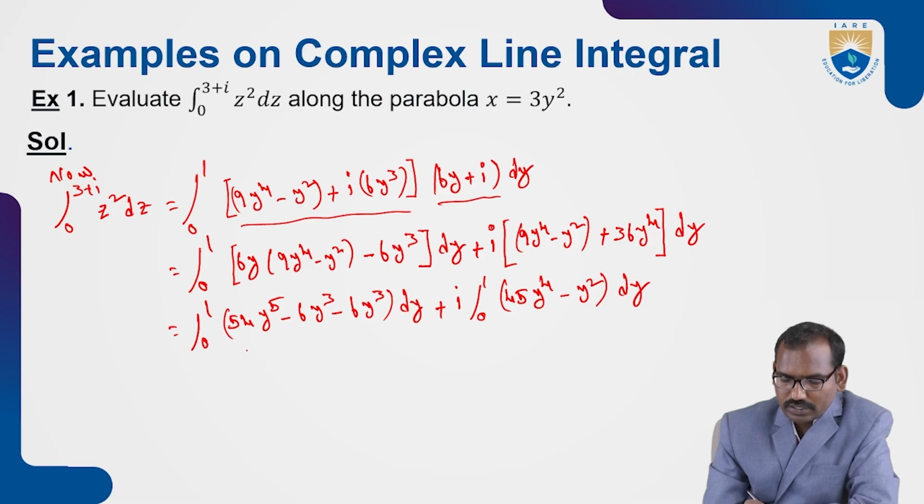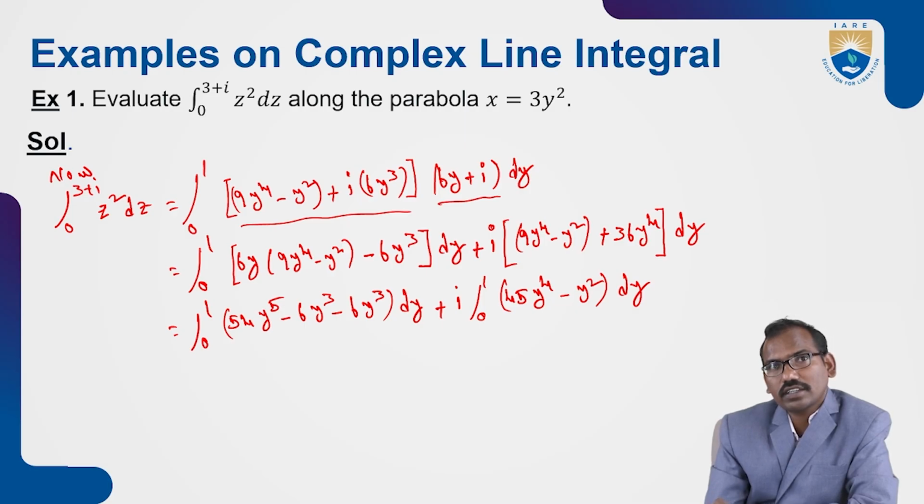You see, this is the line integral of a complex function z square. We are reducing it into two line integrals of real functions. This is the real function, and here also we have a real function. If you see particularly, it becomes an interval. Here y varies from 0 to 1, and the line integral is reduced to integration along the interval.